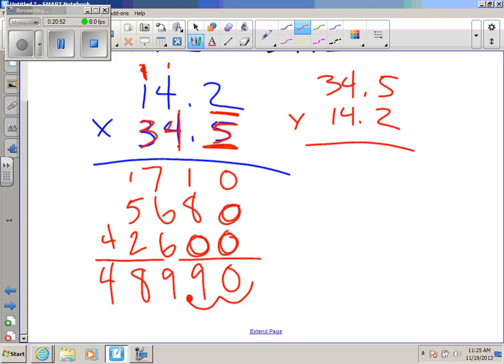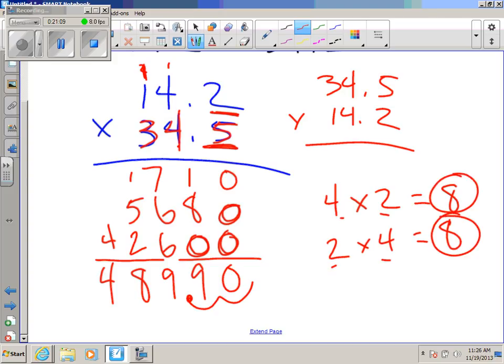No! Casimir, what's 4 times 2? Casimir, what's 2 times 4? Did we take them in a different order? We didn't? Did we get the same thing? It doesn't matter! You can multiply in any order you want to.